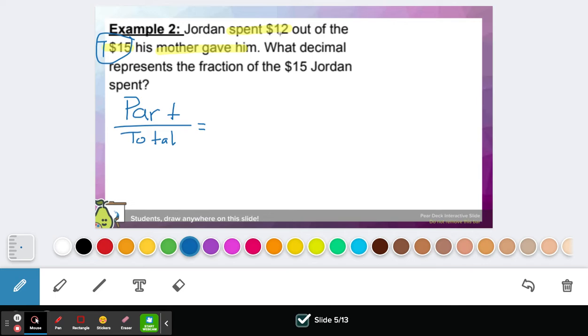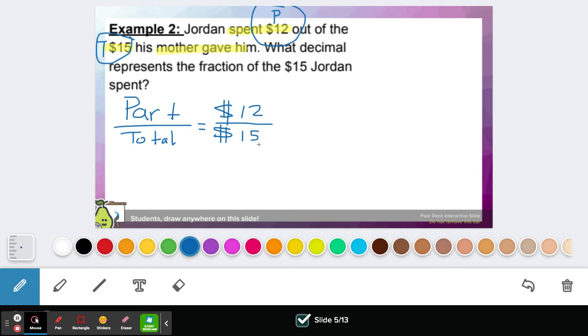Jordan spent 12 out of the 15, so I know only part of what he spent was $12. If I label this like I did and then rewrite it, I have $12 out of my 15. This is how my fraction should look.